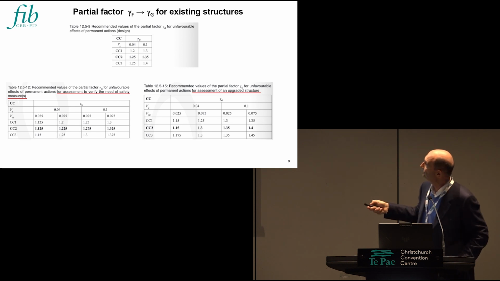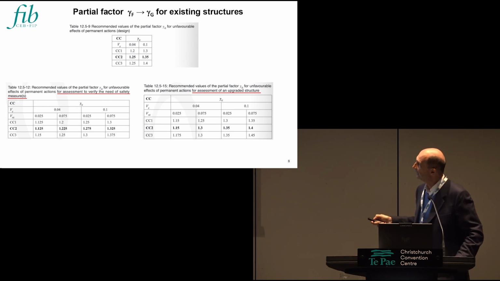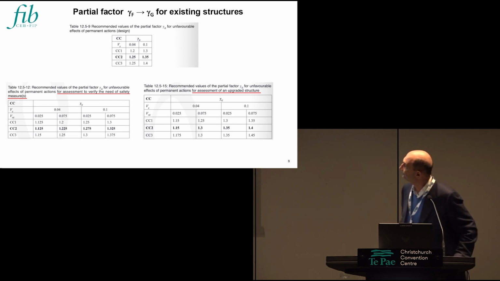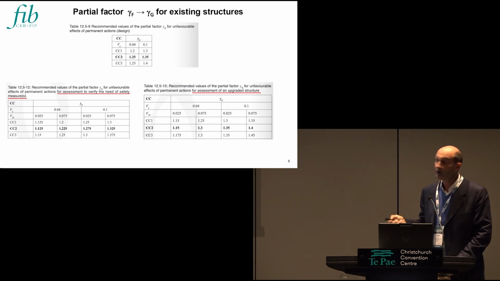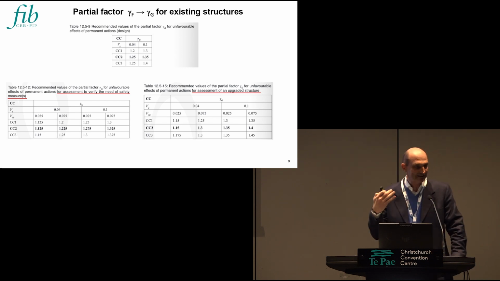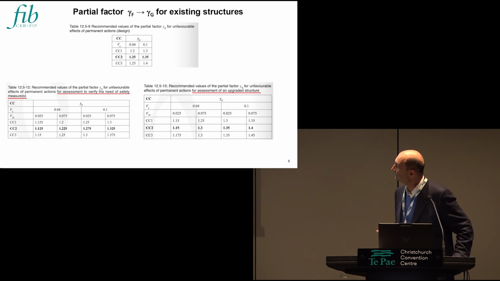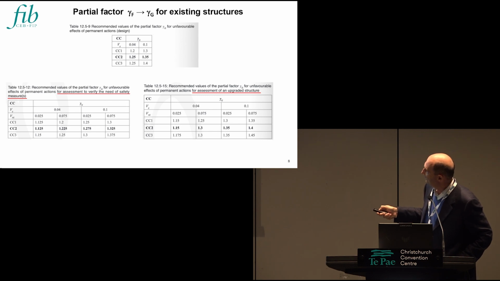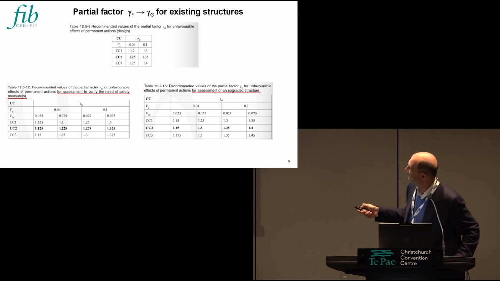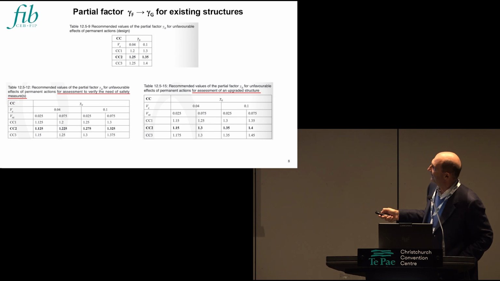and this is for the other permanent load. And if you go to existing structures, there are two different approaches to assessment. One is to verify the need for safety measures of our structure, or if we assess for upgrading a structure. In that way, we can use different factors. In particular, for the assessment of the structure, we can have two different values related to self-weight or the other permanent load.